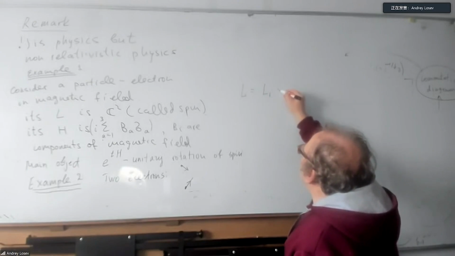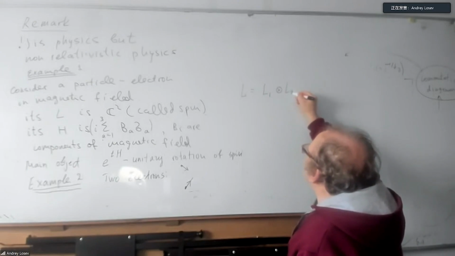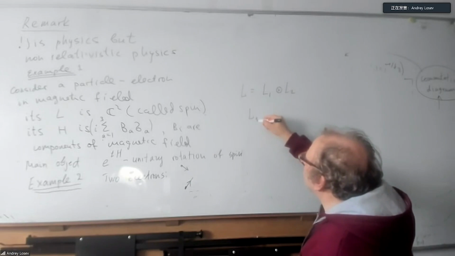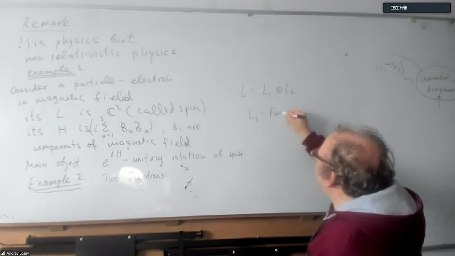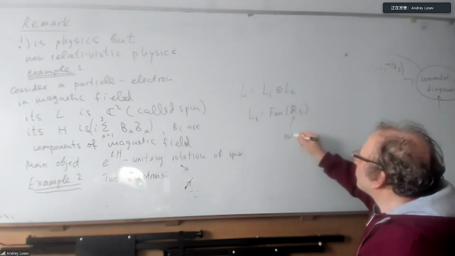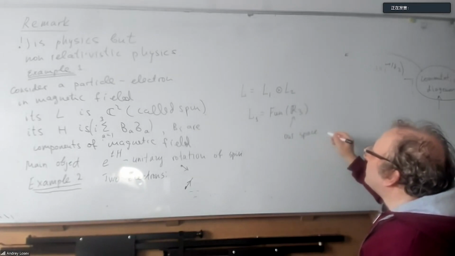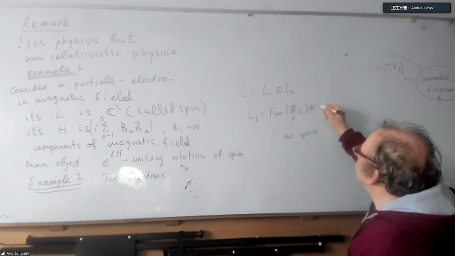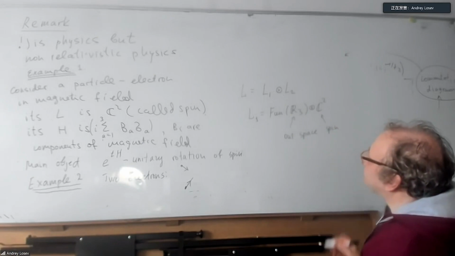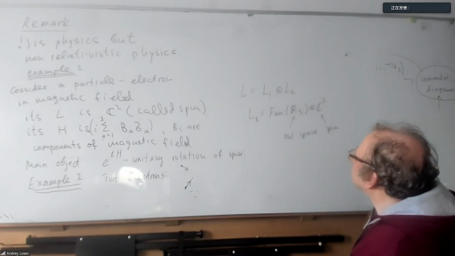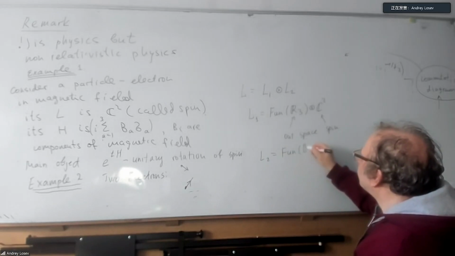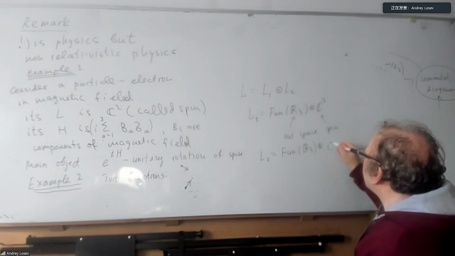L would be L1 times L2. What is L1? Functions on R3, our space, times C squared. It is a spin. L2 is also functions on R3 times C squared.